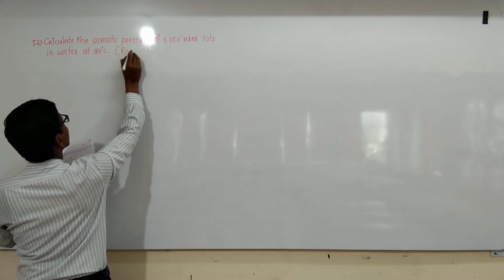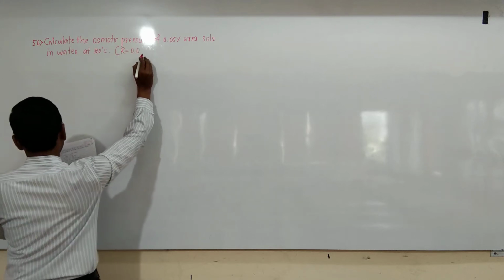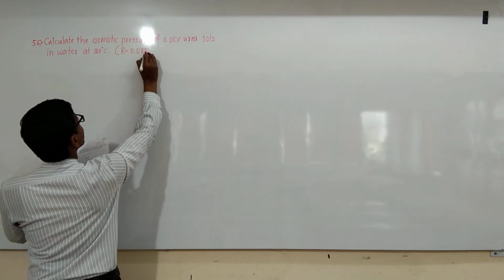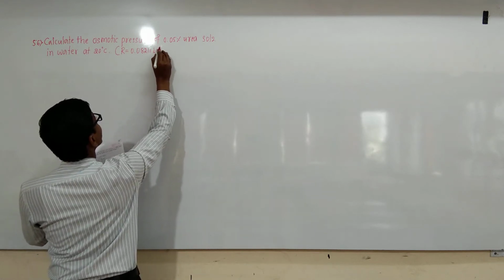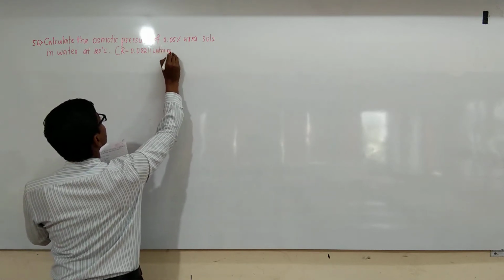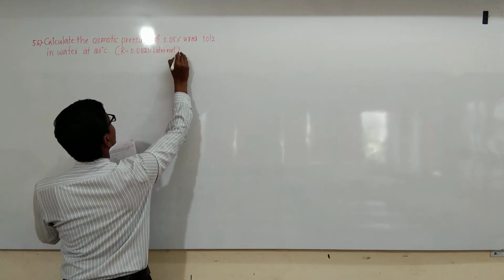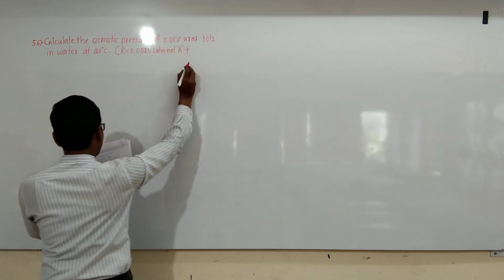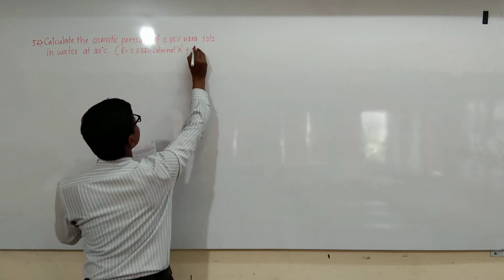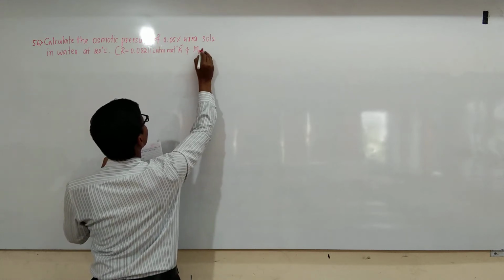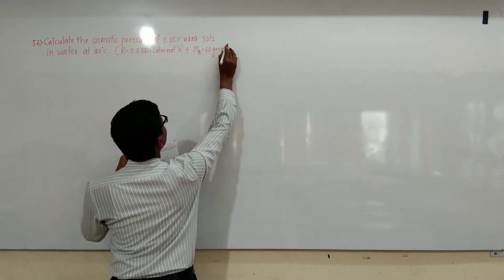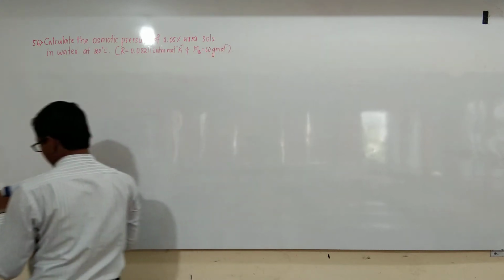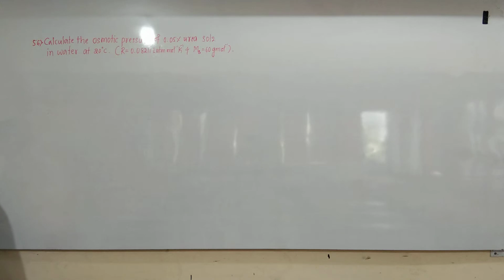Given data R is equal to 0.08211 liter atmosphere per mole per Kelvin, and molar mass of urea, that is 60 gram per mole. These are the given data.